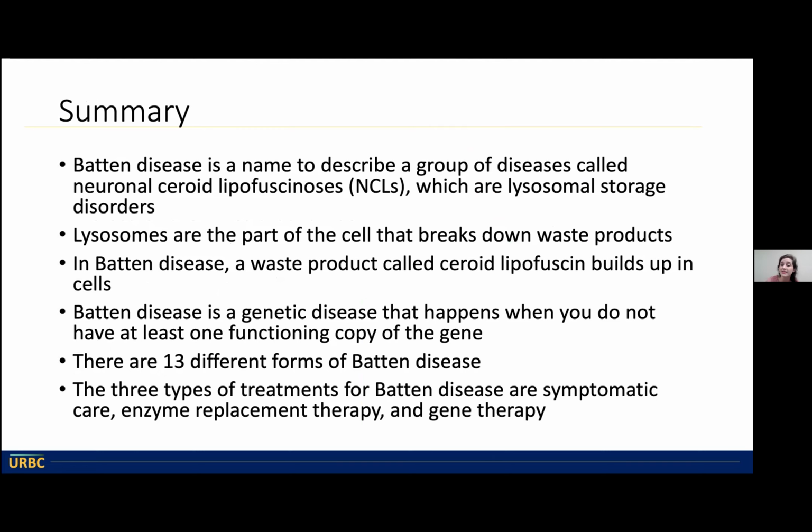We learned that Batten disease is a genetic disease that happens when you don't have at least one functioning copy of the gene. There are 13 different forms of Batten disease with many things in common and many differences. And finally, there are 3 different types of treatments that we discussed today, which were symptomatic care, enzyme replacement therapy, and gene therapy.